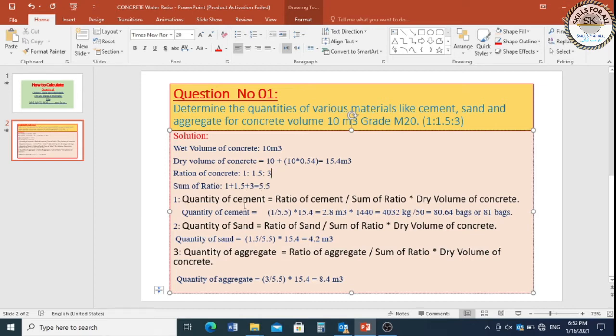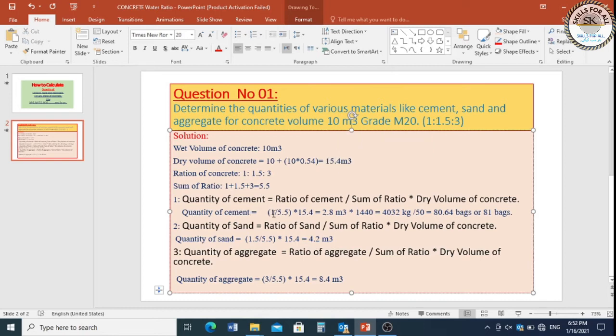What is the quantity of cement? Now we will determine here. To calculate the quantity of cement, here is the formula: ratio of cement, which is 1, divided by sum of ratio, which is 5.5, multiply by dry volume of concrete.